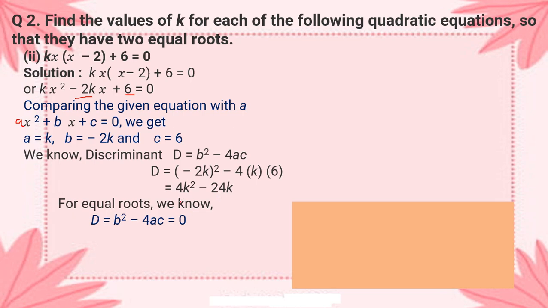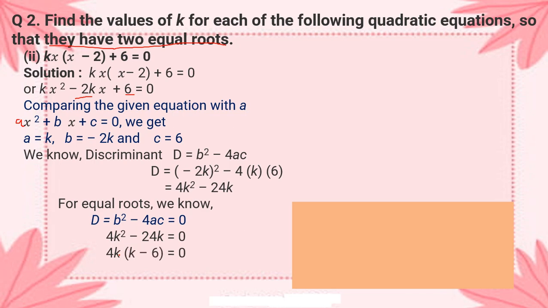But as this is the value of D and the question says the equation has two equal roots, this should be equal to 0. That is, 4k² − 24k = 0. Take out 4k common from both the terms.